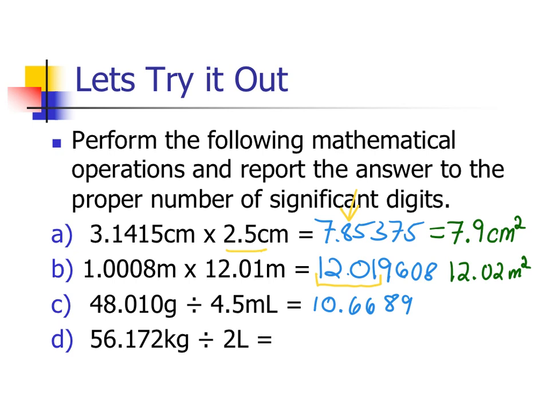Now sometimes some people might say 10 point to give that 10 a digit, but what's the first non-zero digit after the decimal place? 6, greater than 5, which means we need to report it as 11 grams per milliliter, because it's grams divided by milliliters.